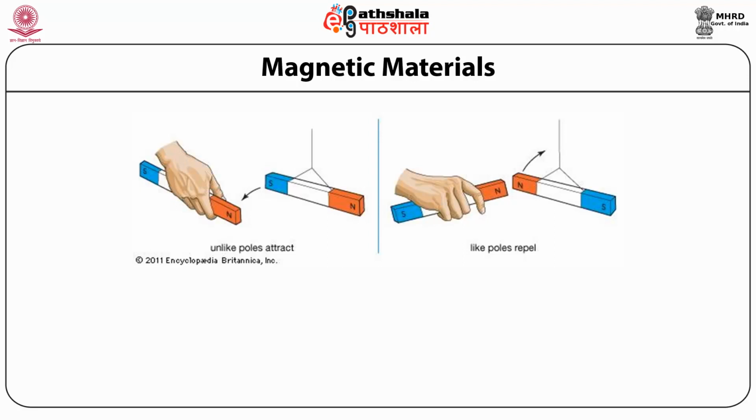A very large local magnetic field can result from a small applied field. In this case, 1 plus chi m is equal to kappa m, which is called the magnetic permeability.